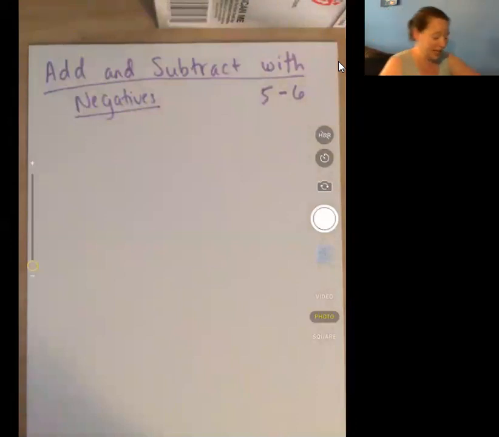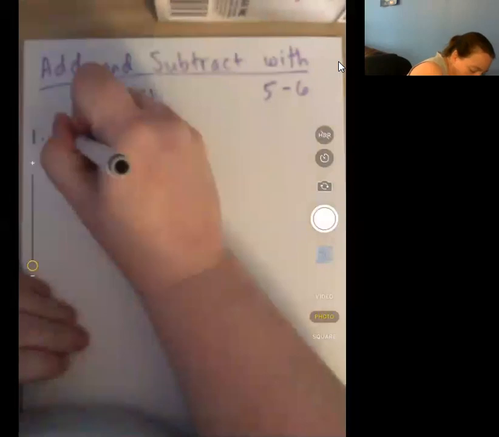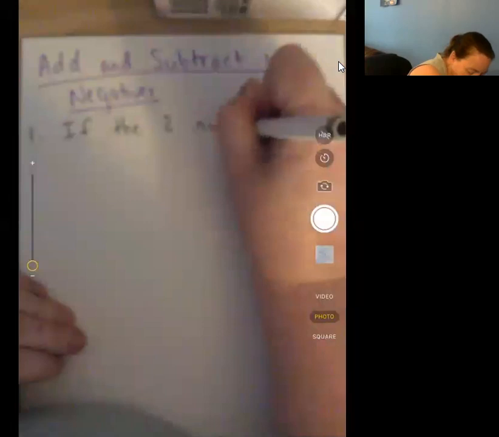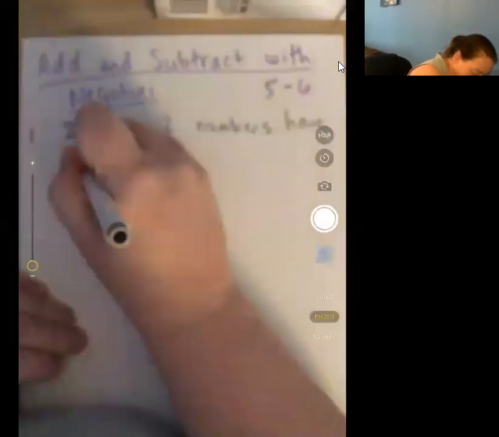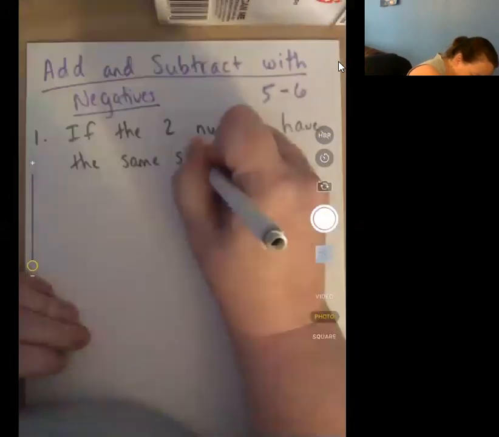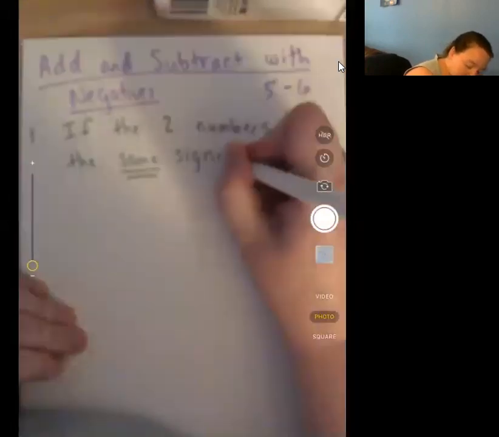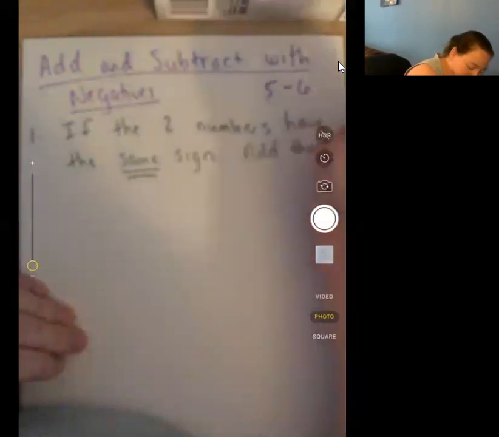So the first thing is, if the two numbers have the same sign, add them together.